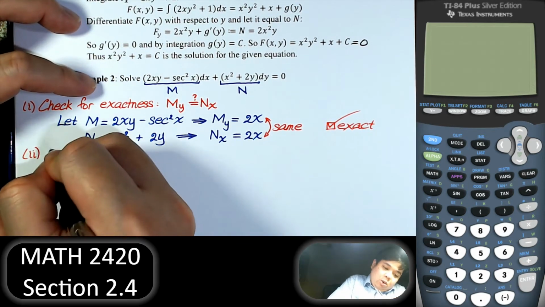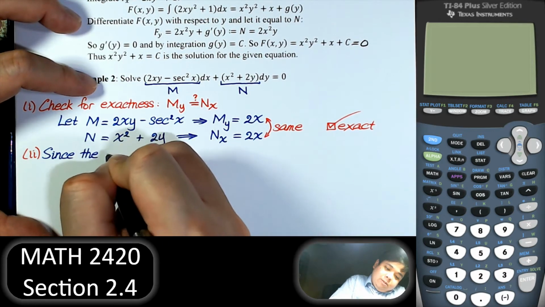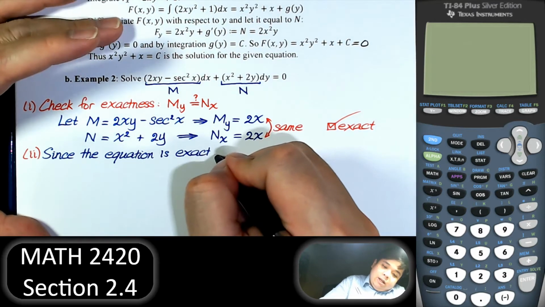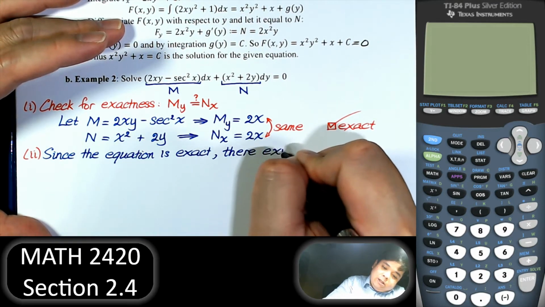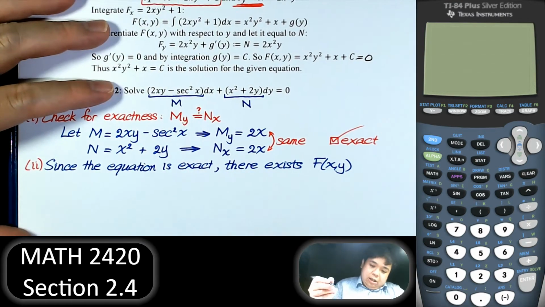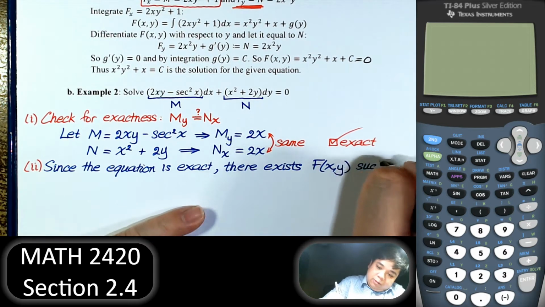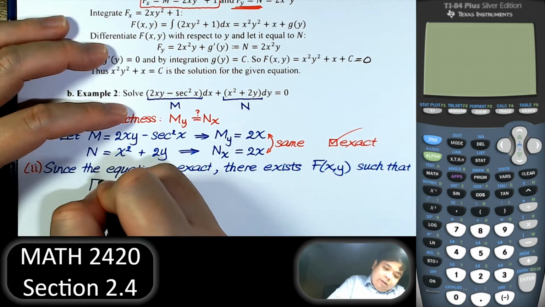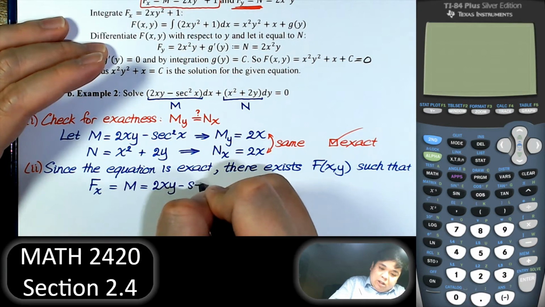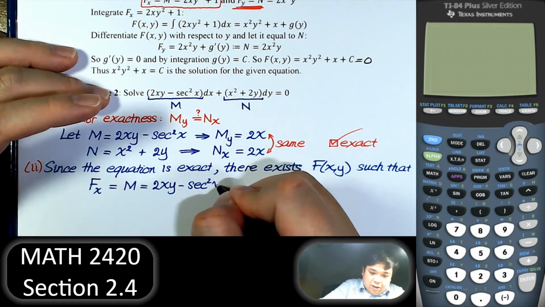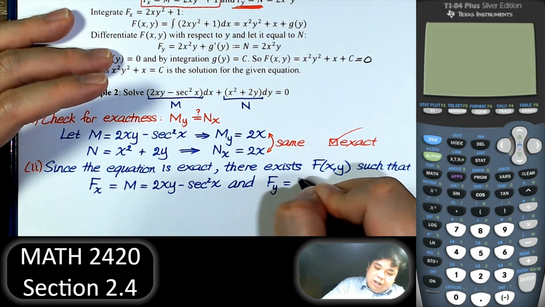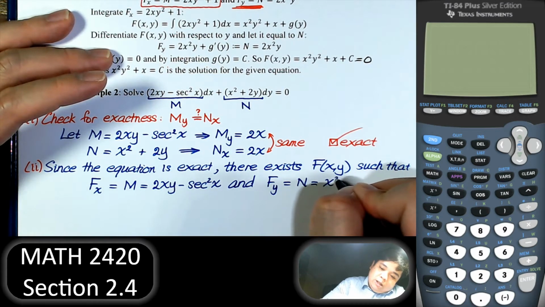So I will write, since the equation is exact, there exists a function f of x and y such that the derivative of f with respect to x is equal to M, which is 2xy minus secant square x, and the derivative with respect to y is equal to N, which is x squared plus 2y.